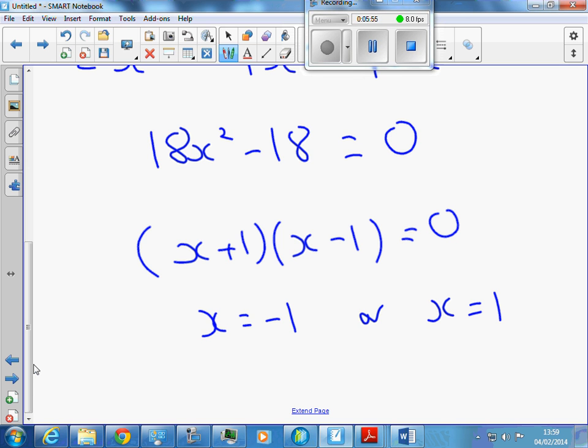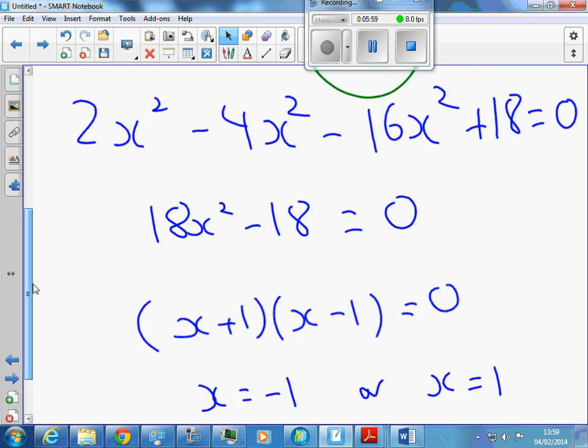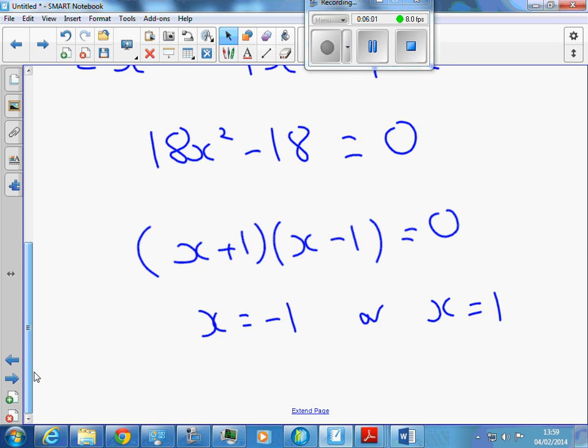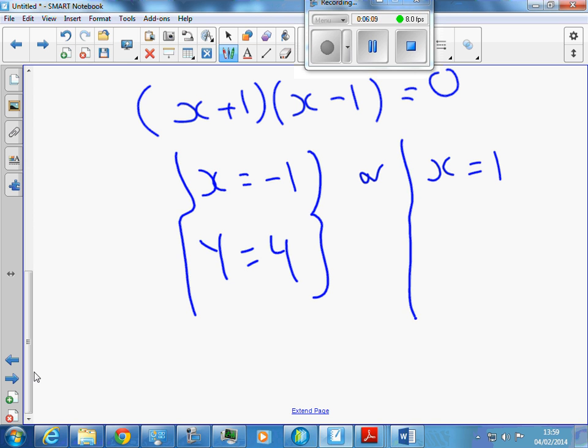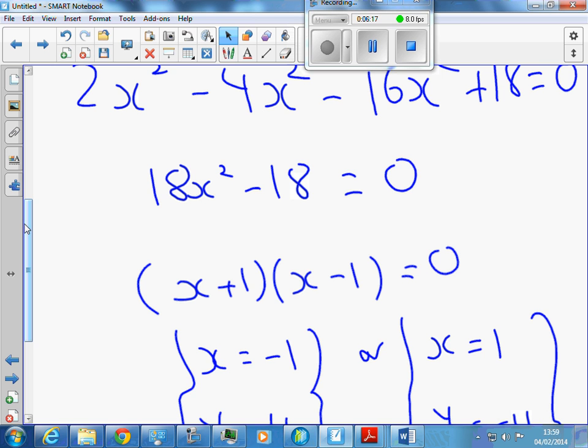And when that's the case, y is equal to minus 4 lots of x. Going back to this equation, when x is minus 1, y is equal to 4. And when x is 1, y is equal to minus 4. Just in case anyone's stuck, I've just divided through by 18.